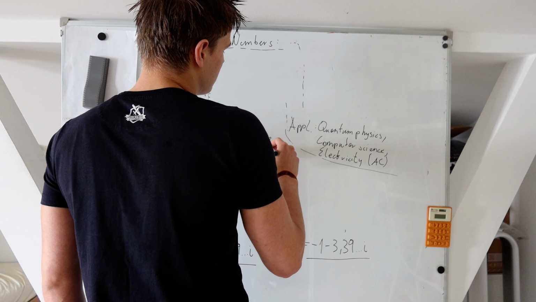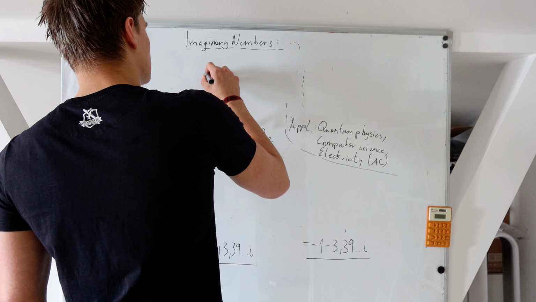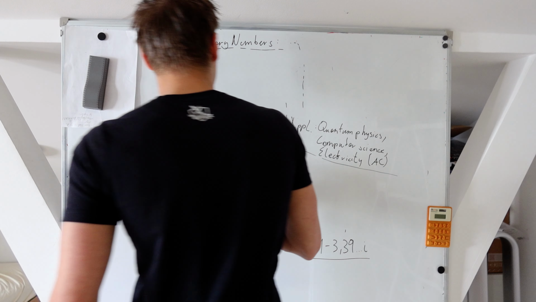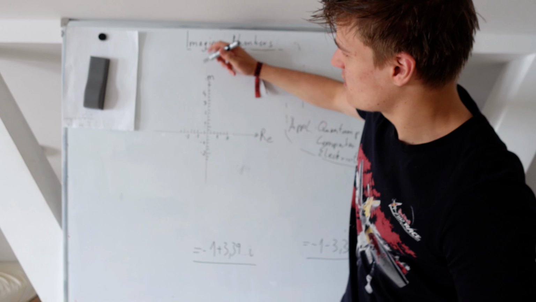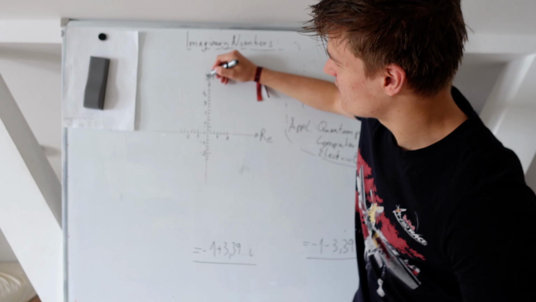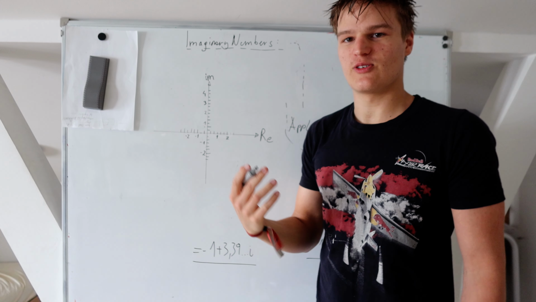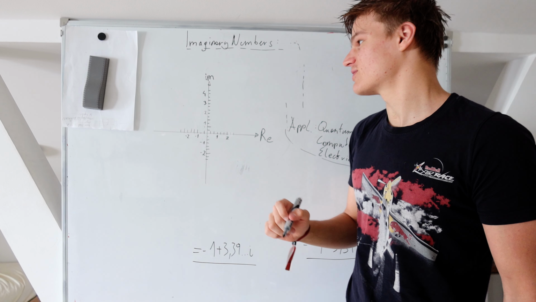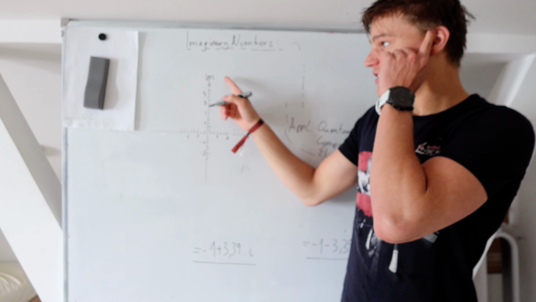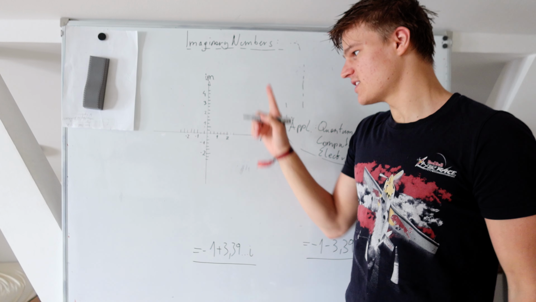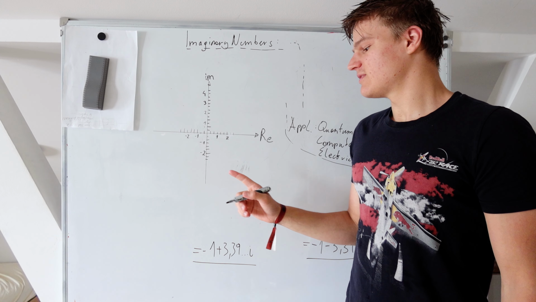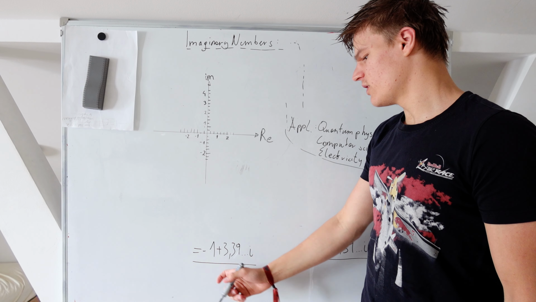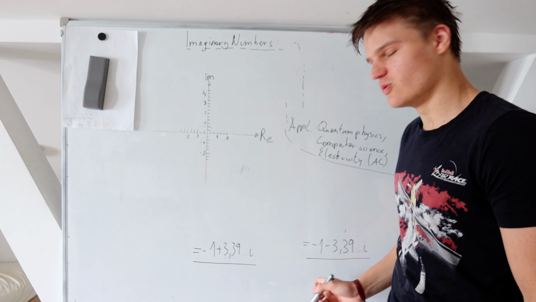So one line is real, and the other is imaginary. And we usually do it like this, or you can also do a little i. Doesn't really matter. Language is not that important. Math's important. Good. So you have the imaginary part on this axis, and you have the real part here on this axis. And now the question becomes, what does this and this do?